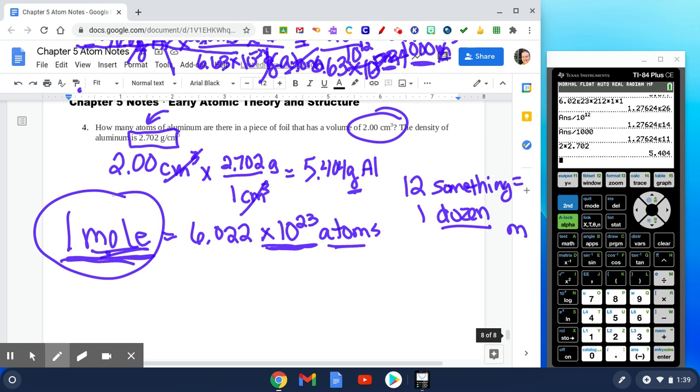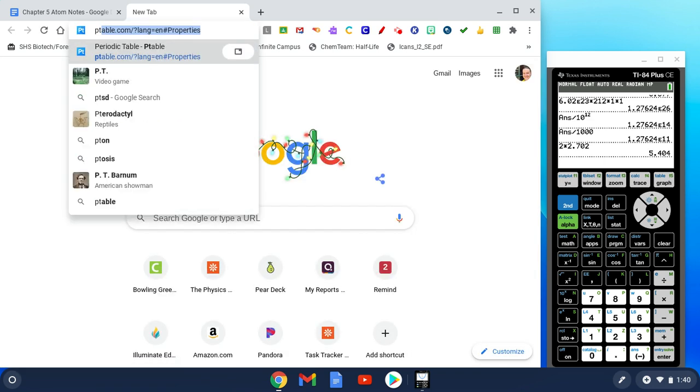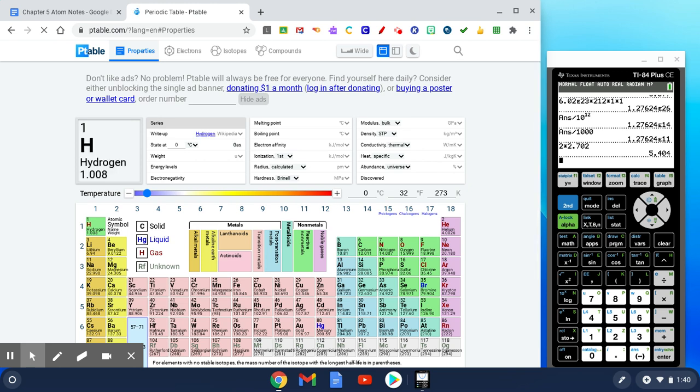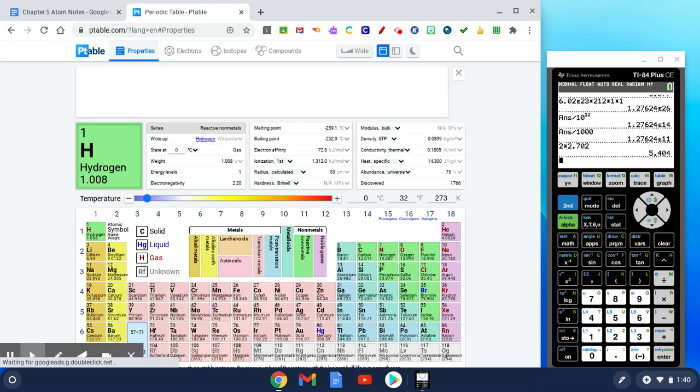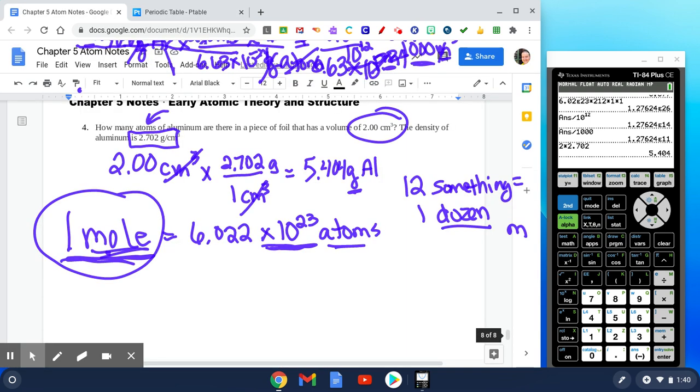So we talked about the average atomic mass on the periodic table. For aluminum, if we look on the periodic table, it tells us that we've got an average atomic mass of 26.982 on this particular periodic table.